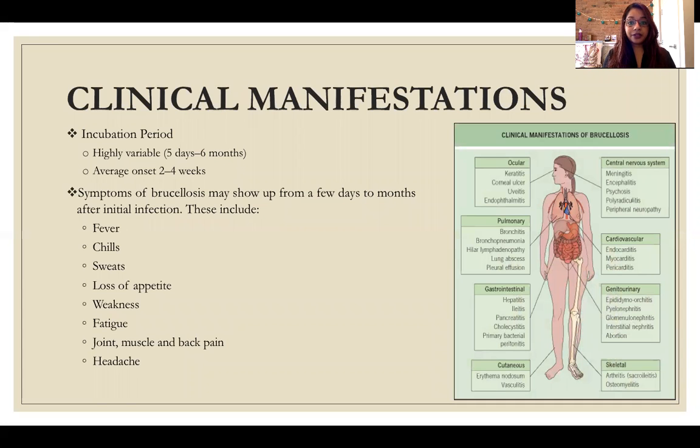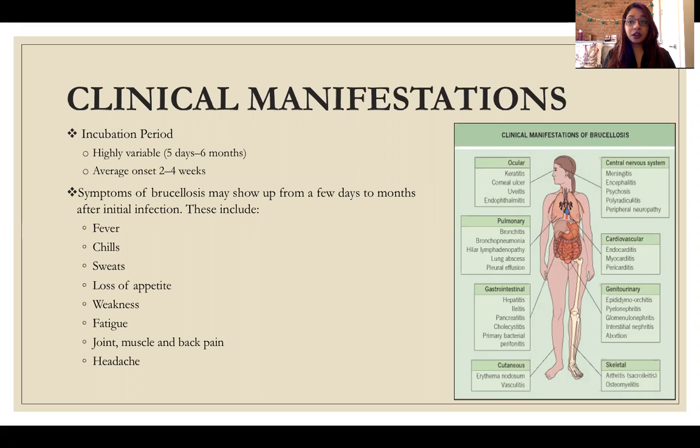So what are the clinical manifestations of brucellosis? Brucellosis has an incubation period of between 5 days to 6 months. The typical average onset of the infection is between 2 to 4 weeks. Symptoms of brucellosis may show from a few days to months after initial infection.